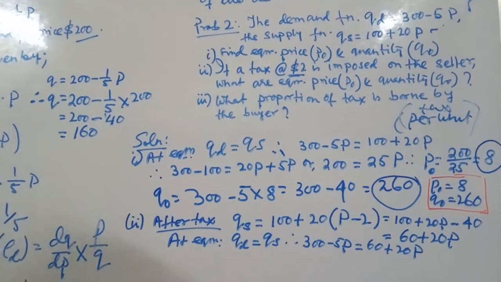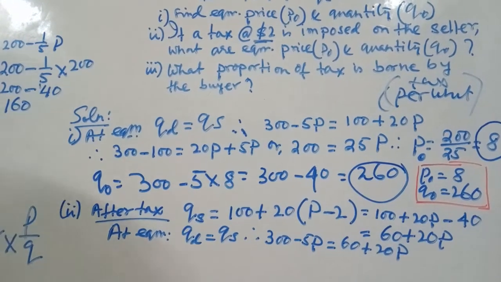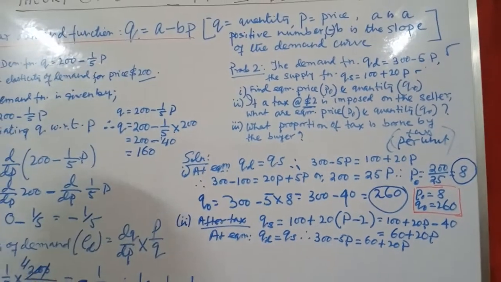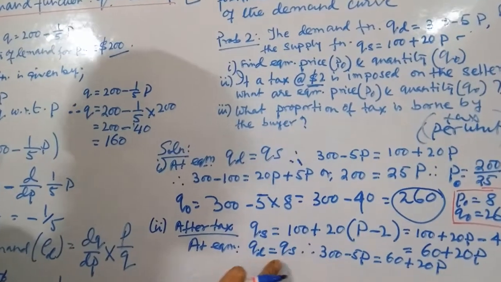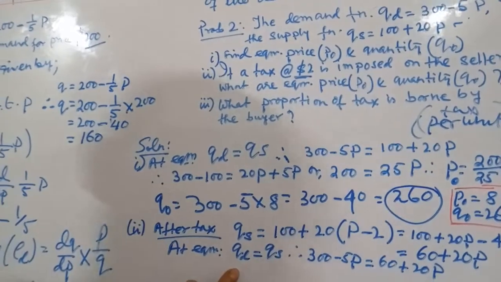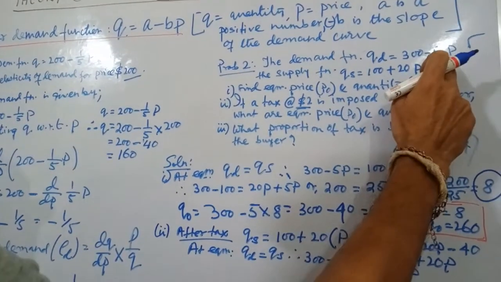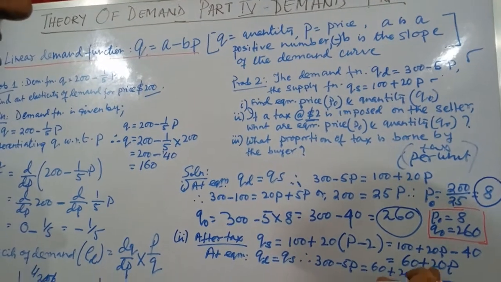This is the new supply function, the supply function after the tax is imposed. And at equilibrium, quantity demanded is equal to quantity supplied. So QD is equal to QS. Now what is QD? 300 minus 5P. So 300 minus 5P is equal to 60 plus 20P.